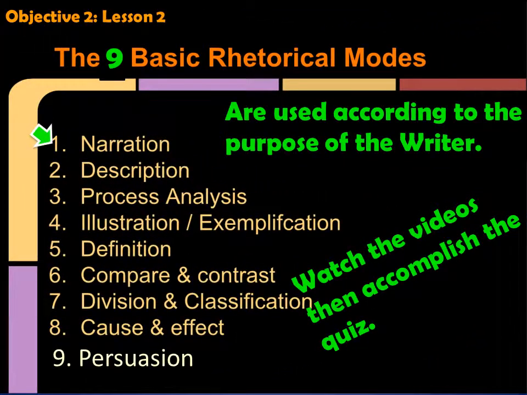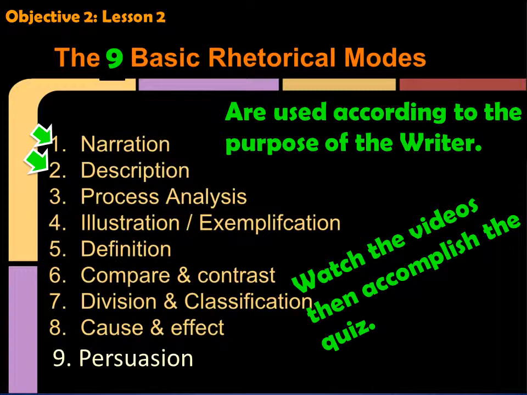As mentioned earlier, we use the different rhetorical modes according to the purpose of which we are writing. So for instance, if we want to tell our readers a story or an event that has occurred, then we use narration. If we want to provide our readers the imagery or picture of something, then we provide certain descriptions and we use the descriptive mode.